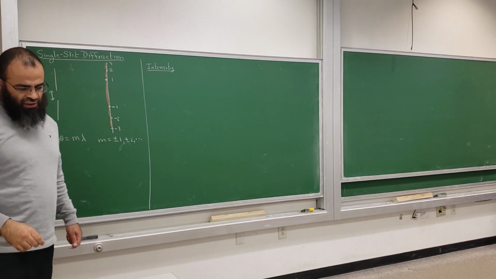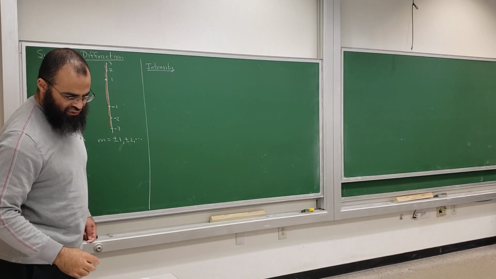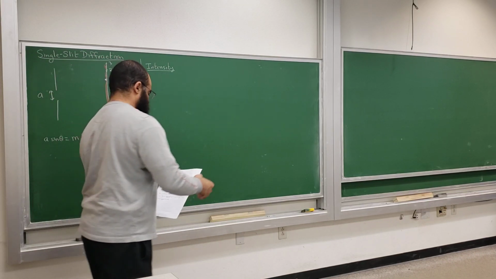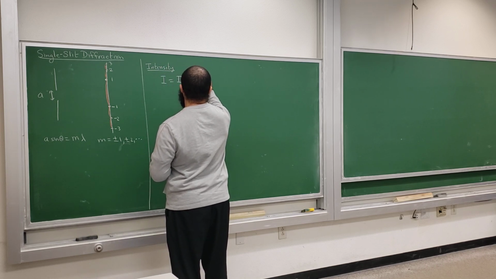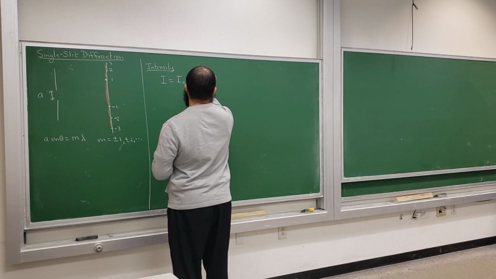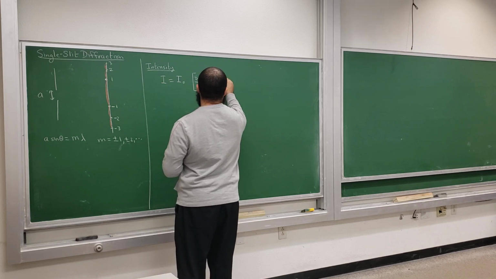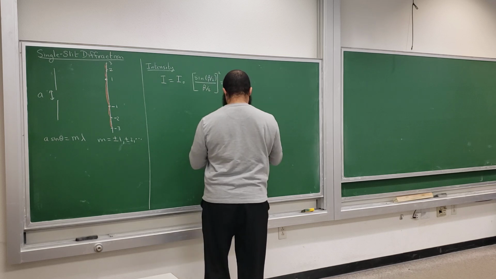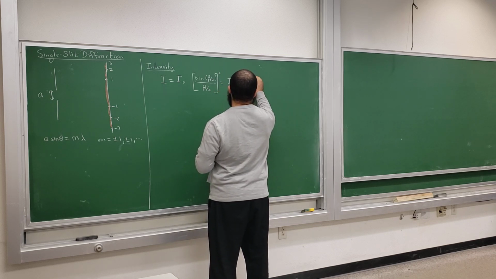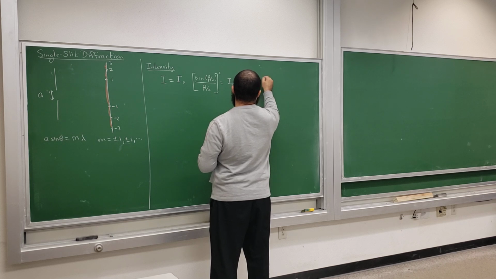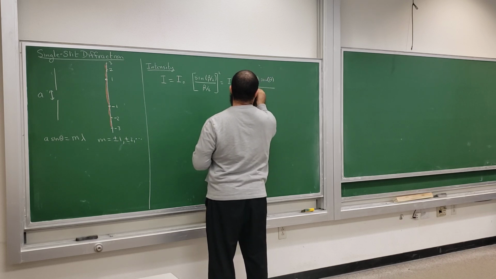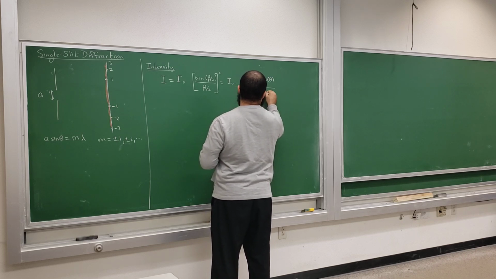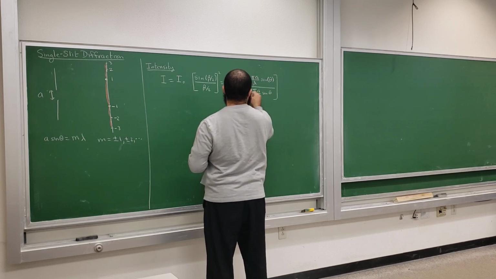The distribution of the intensity was I is equal to I naught, and then the sine of beta over 2 divided by beta over 2 squared, which is equal to I naught times the sine of pi A over lambda sine of theta over pi A over lambda sine of theta, the whole thing squared.